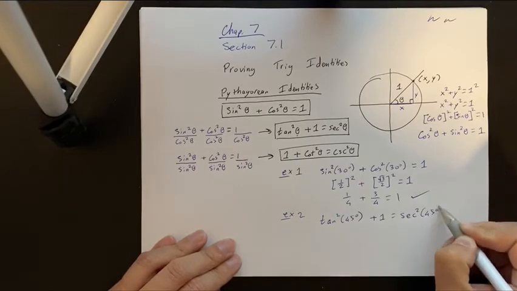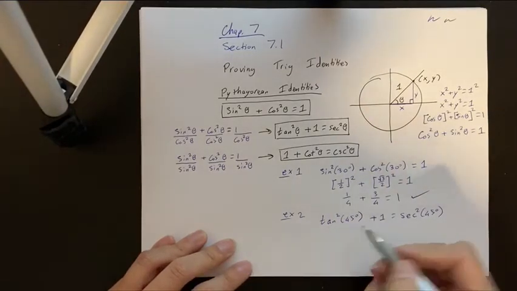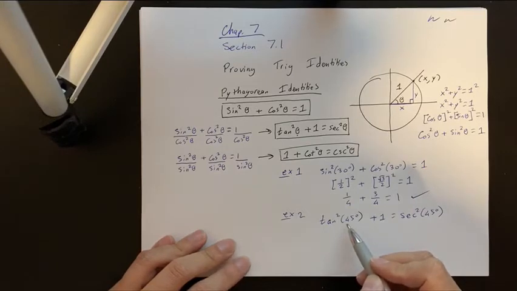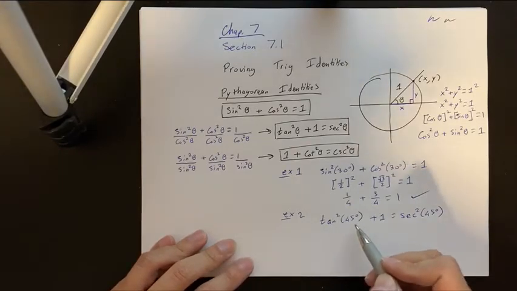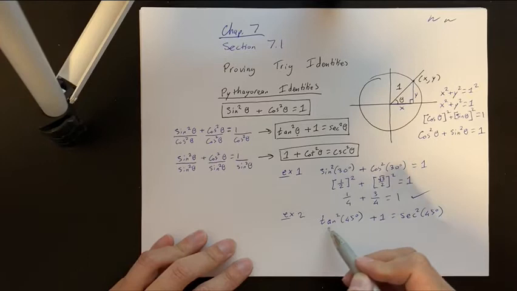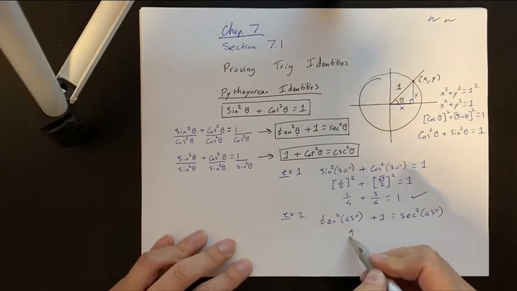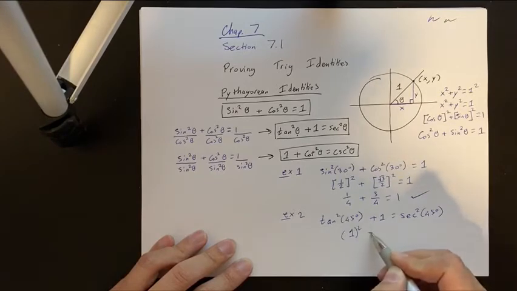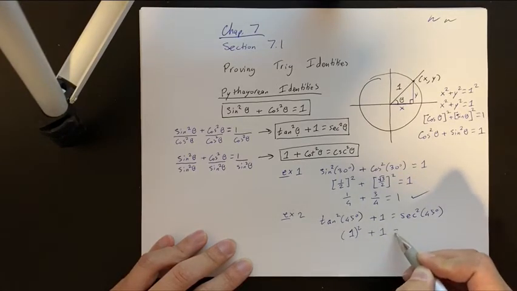So, well, tangent 45, that's sine of 45 over cosine of 45. Sine and cosine of 45, they're both the same, so this is actually going to give me a 1. Okay, and it's a 1 squared because it's tangent squared. Here's a 1.